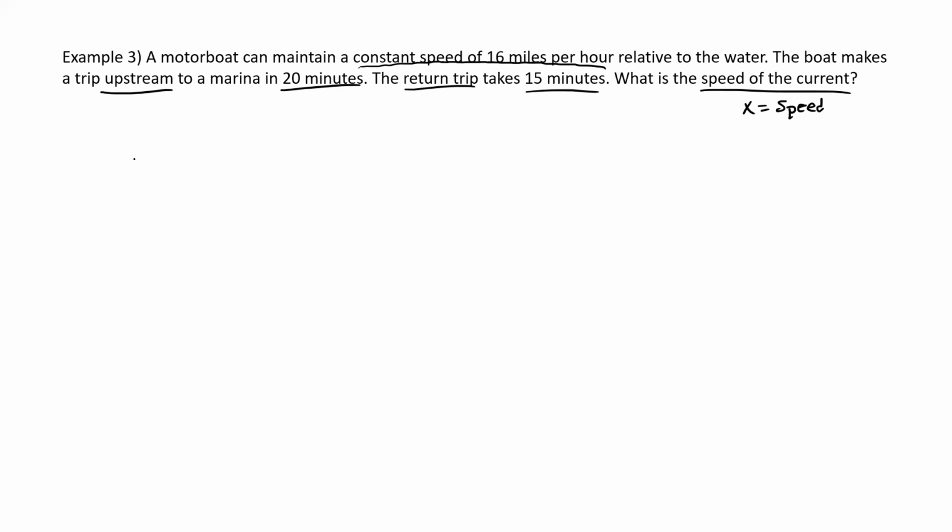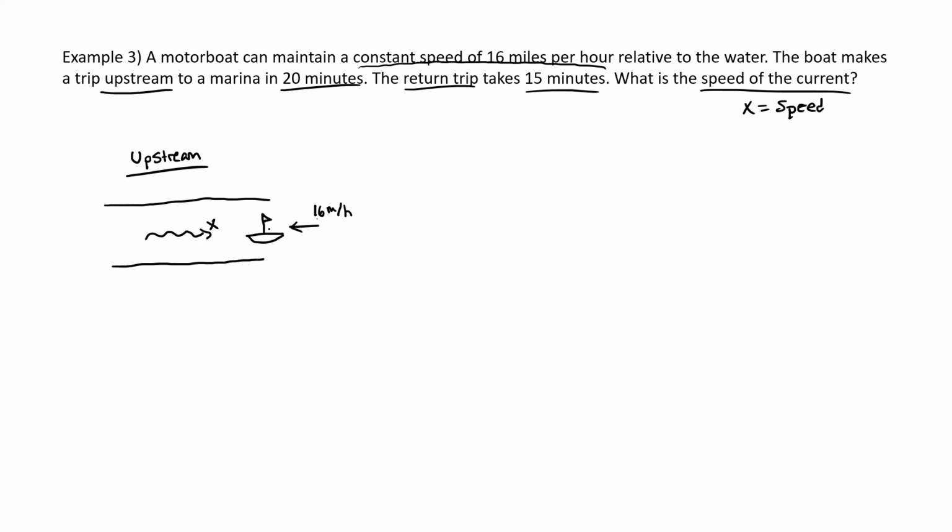So let's look at our upstream case. When we look at this river, this is a very poorly drawn diagram here, but you have the river current, x, and you have your boat, your sailboat, going in the opposite direction, going at 16 miles per hour at a constant speed.